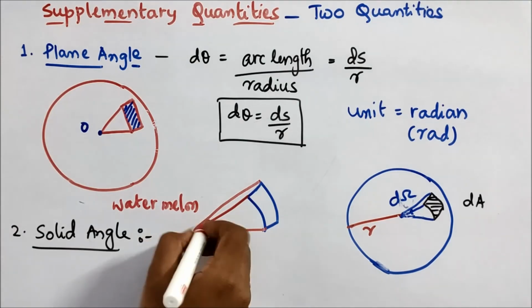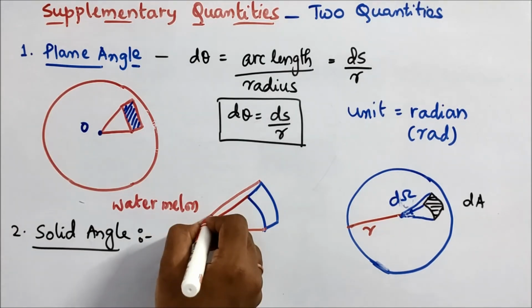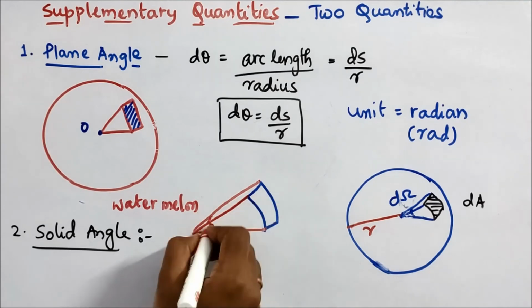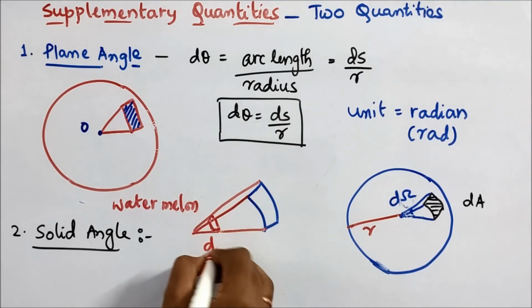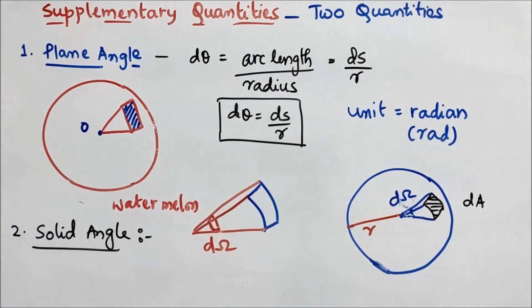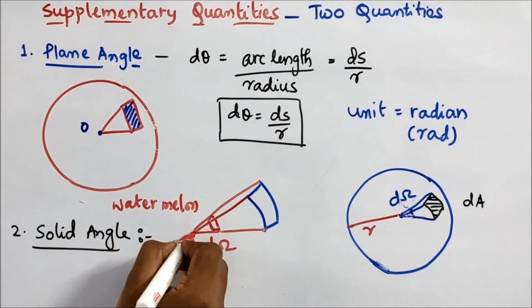The angle which has been made by this surface area at the center, we are calling that d omega here. So that is the solid angle. Remember, it should touch the center.